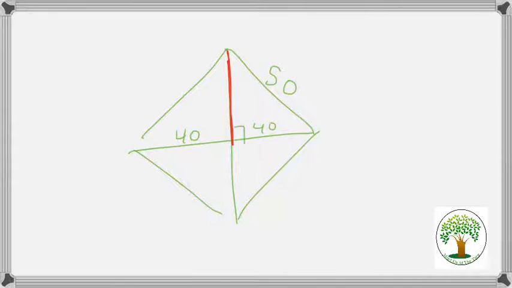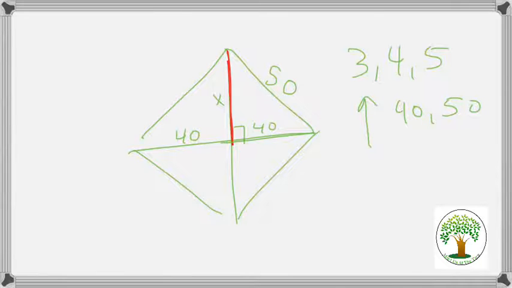The diagonals don't bisect each other? Oh, yes, they do. So right here, we can call that x. Since you guys memorized the 3, 4, 5 triangle, which one of those is the hypotenuse? The 50. The 5, yes. And since I have 40 here and 50 here, I could jump to that answer really quick without using the Pythagorean theorem if I wanted, and just make that be a 30.